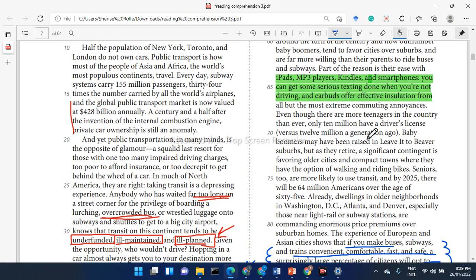Because the baby boomers, the older ones, they don't like the city life. 12 million of them had a driver's license, compared to only how many with the millennials? Only 10 million have a driver's license.